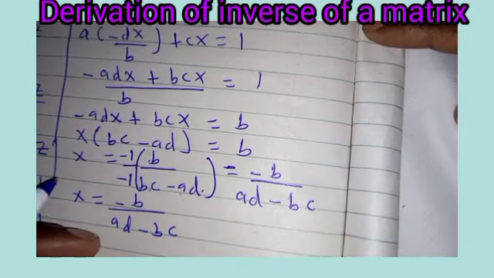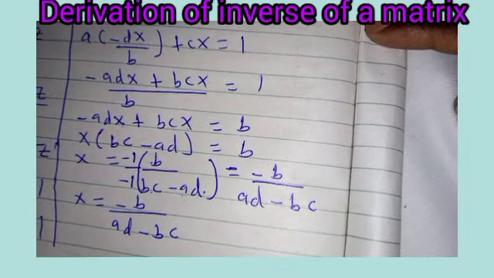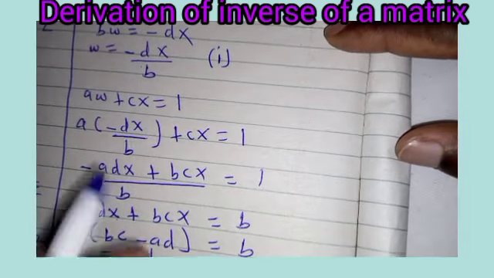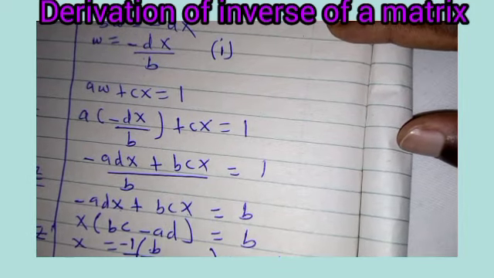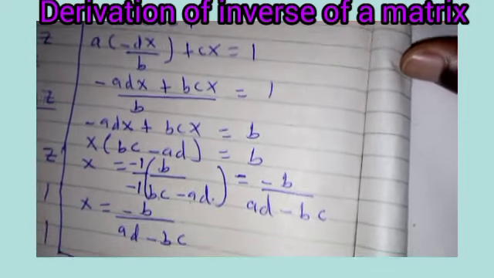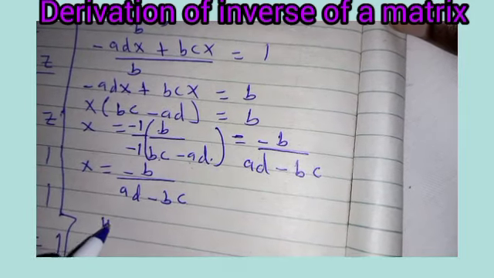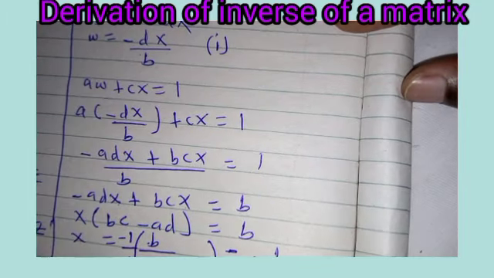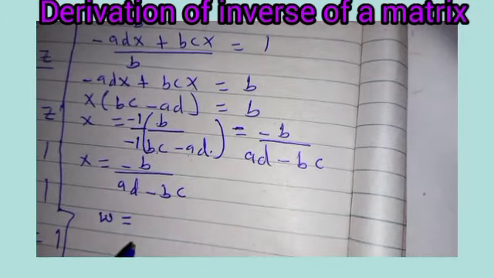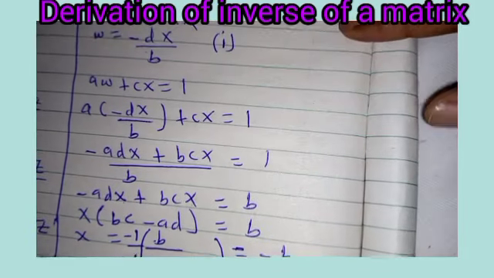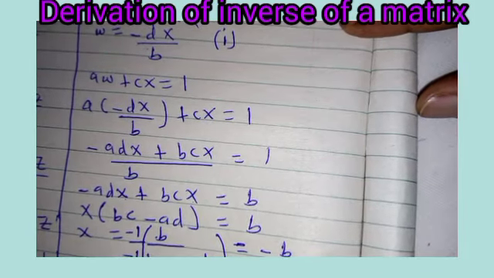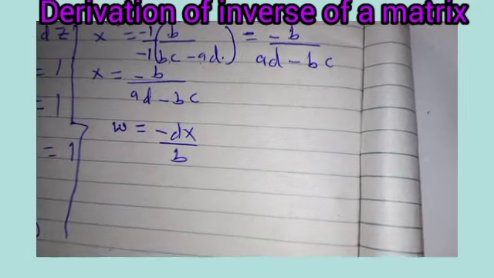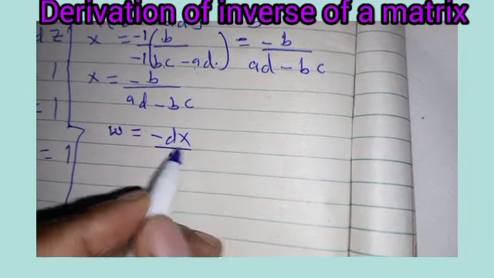So the next thing which we want to obtain is our w. From equation 1, we found that w is equal to minus dx over b.